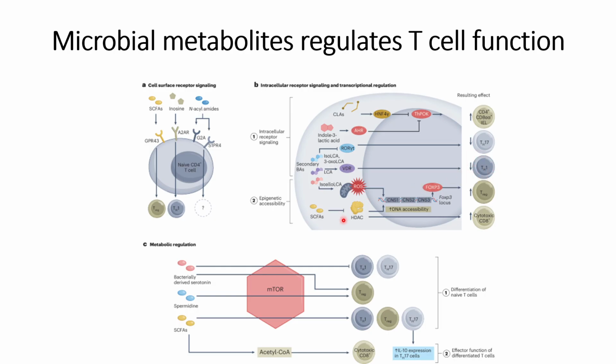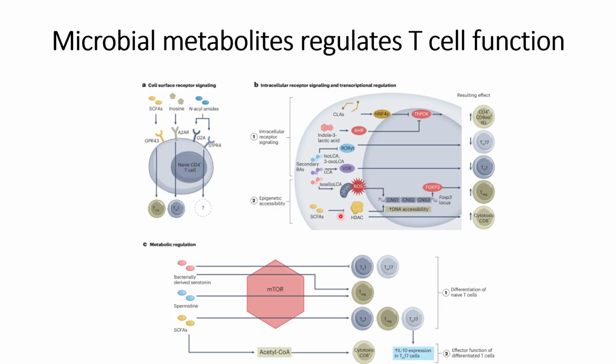And in terms of epigenetic changes, or things that will regulate the gene expressions, secondary bile acids such as isoalloLCA will regulate the FOXP3 expression, which will cause the upregulation of regulatory T cells.